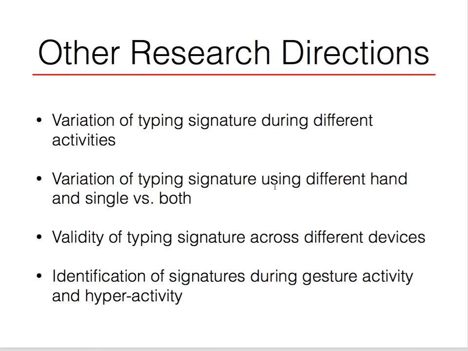This research can consider also investigating the different typing signatures across different activities, the variance between typing with one or both hands, research in keeping the typing signature across different devices, and during different activities such as gesture activity and hyperactivity.